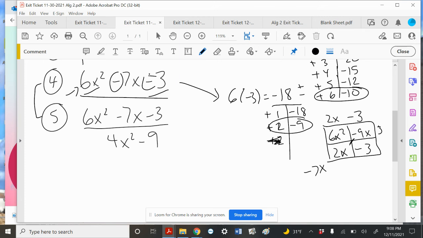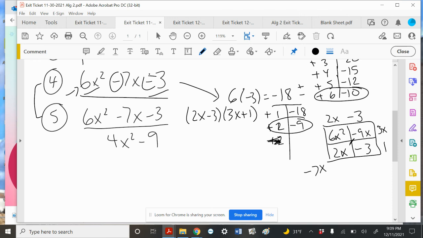That would be a 3 and an x. And then what's common between a 2x and a minus 3? Well, nothing is, so we just put a 1 there. And notice that the first number in the row does not have a negative, so therefore that's not a negative. So this factors down to 2x minus 3 times 3x plus 1.